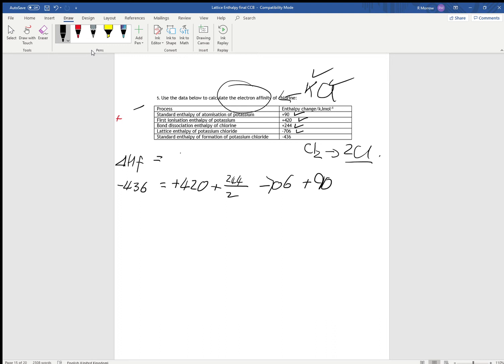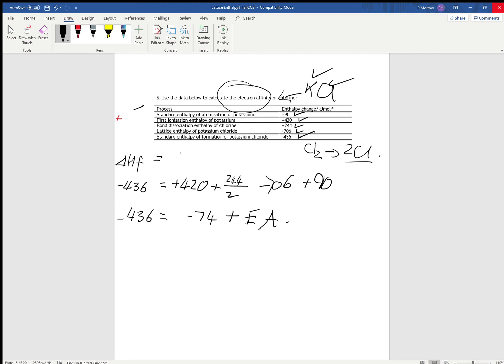And the standard enthalpy of formation of potassium chloride is on the other side. So we've got to get the electron affinity this time. Let's tot up what we've got on the right hand side there. Plus... I have minus 436 equals minus 74 plus the electron affinity.